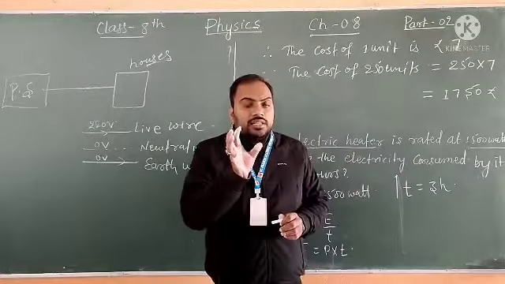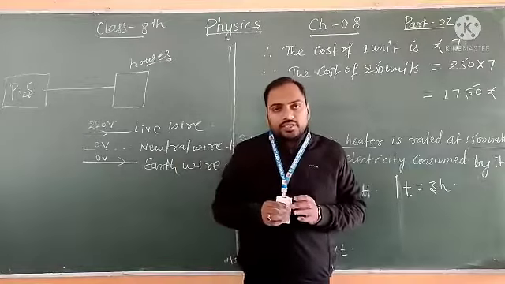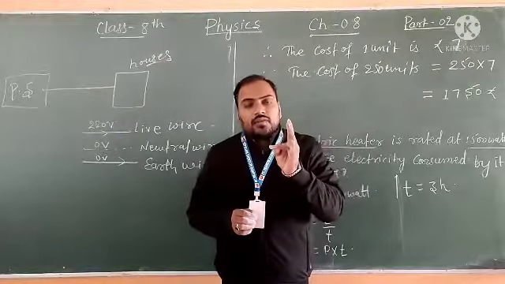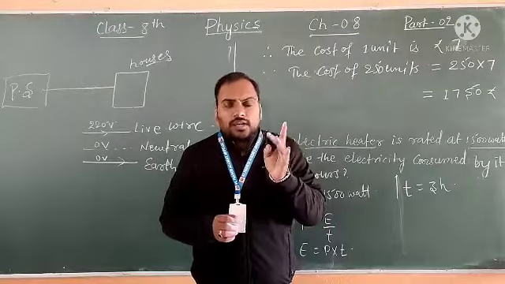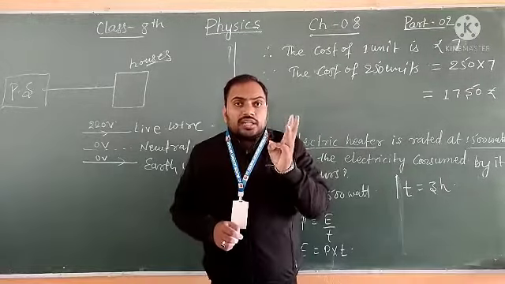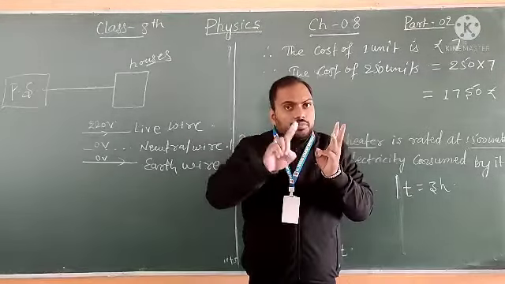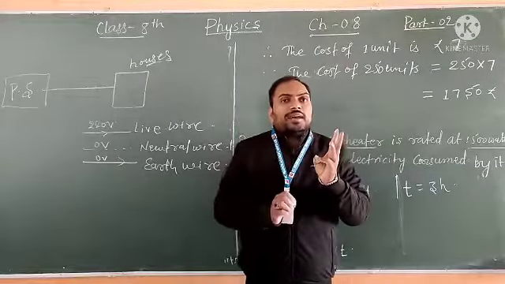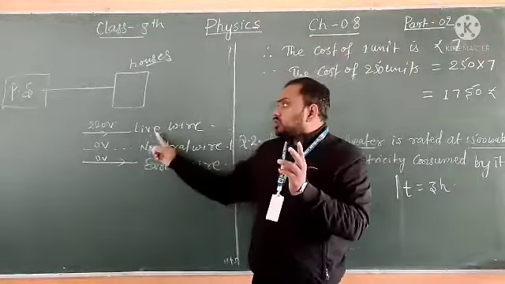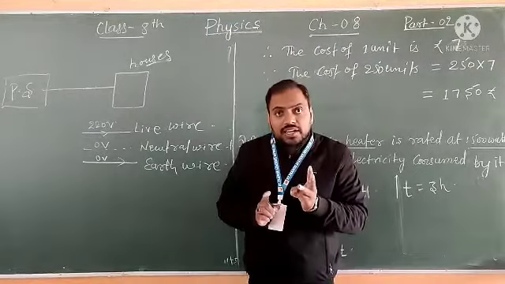For live wire, there is a standard way of doing these wirings. In wiring we use red wire, black wire, you might see blue wire, and yellow wire too. Red is the standard for live wire, the main wire coming from the electric pole to our houses, which is always 220 volt and in red color.